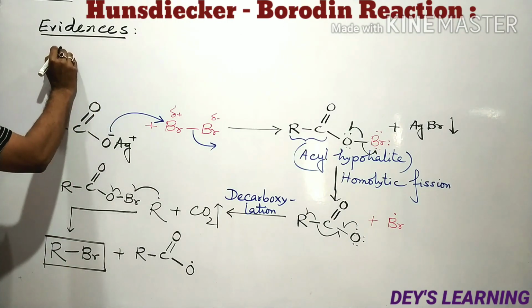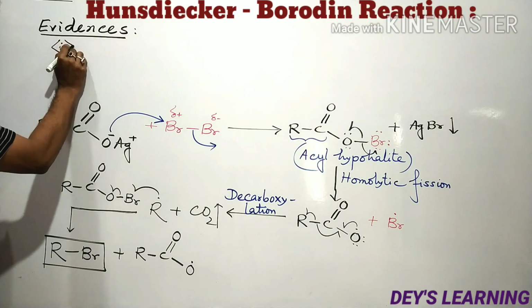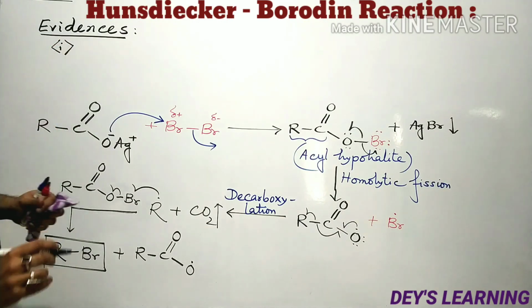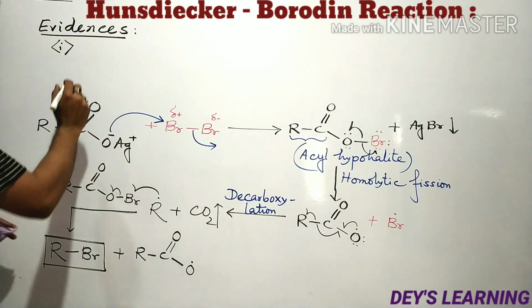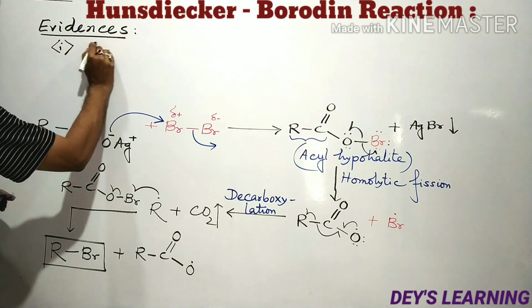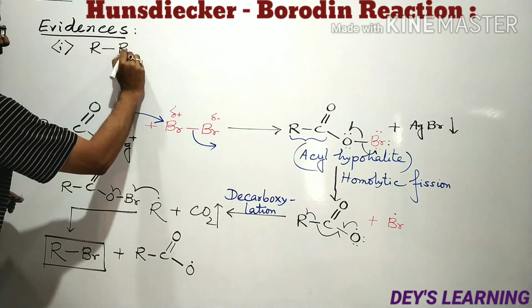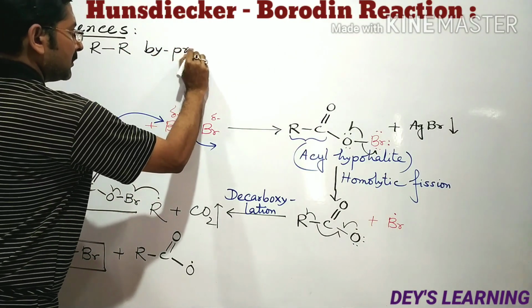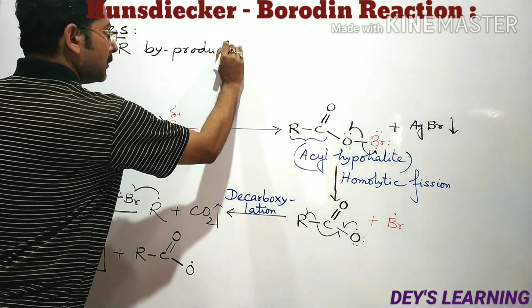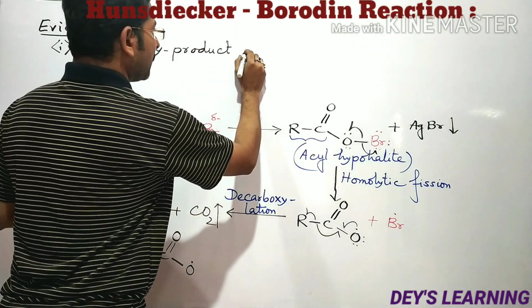Number one is, with the product alkyl halide, a sufficient amount of alkane byproduct is obtained.